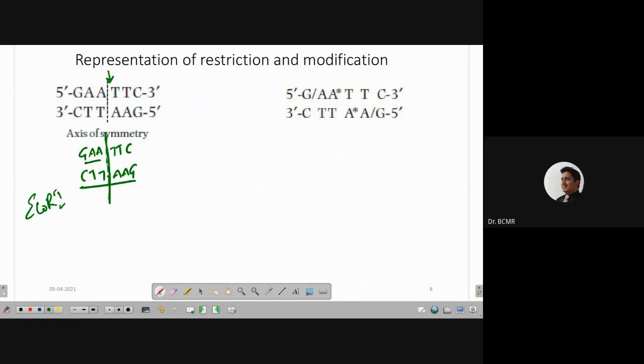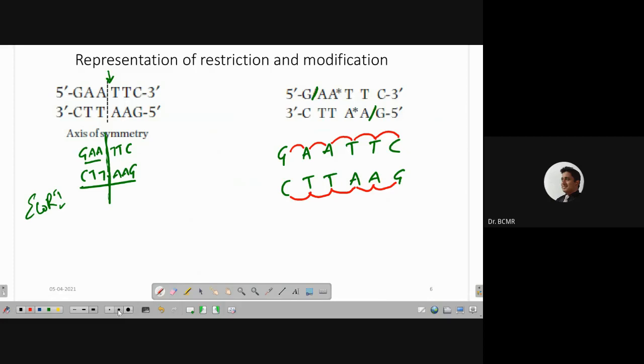In general representation, they put something like this. The slash indicates where the endonuclease is going to break the phosphodiester bond. You know that you will have G, A, T, T, C. In all the cases, you have a phosphodiester bond joining these two. The bases are inside, and the phosphodiester bond is something like this.